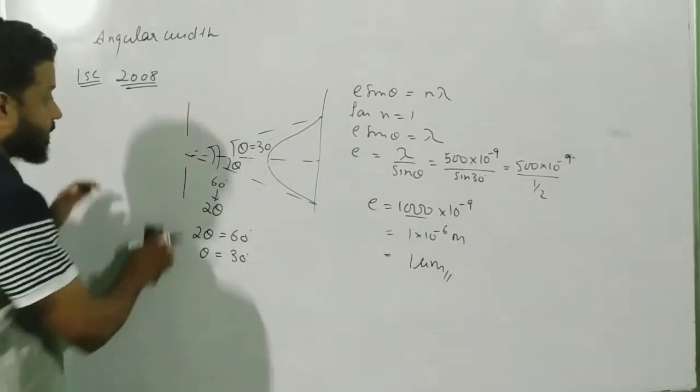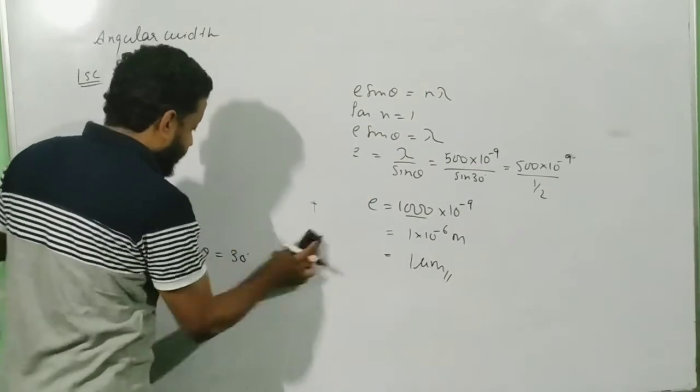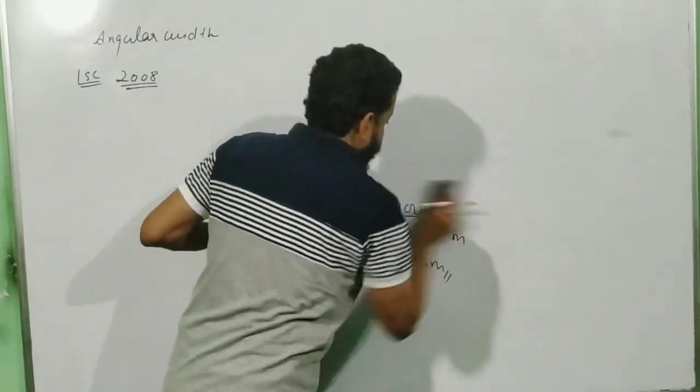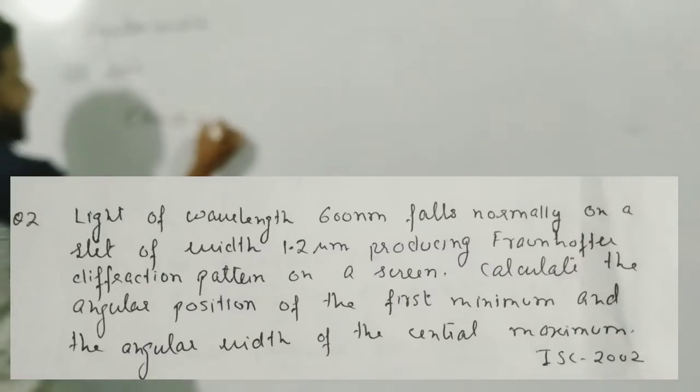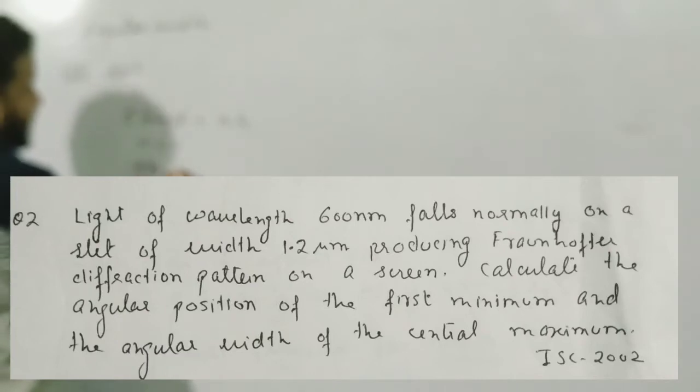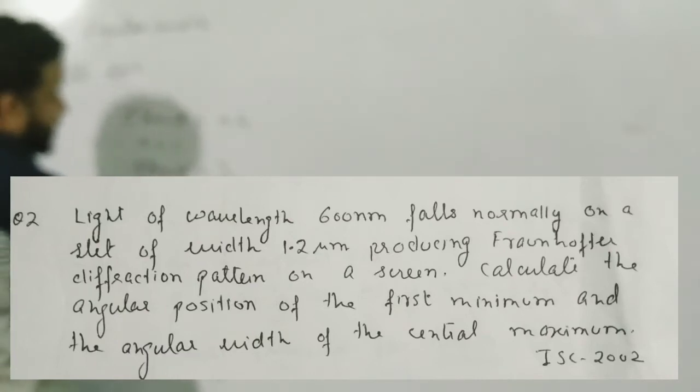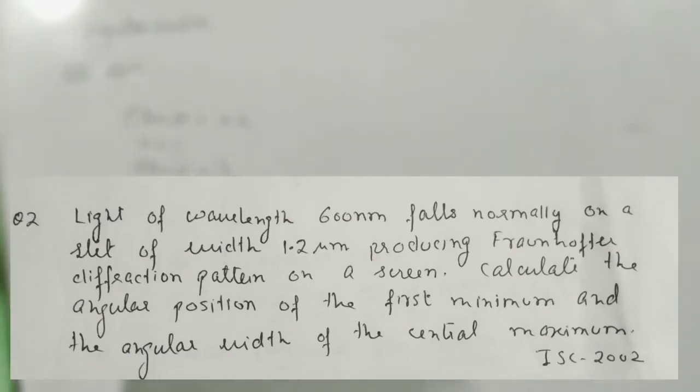So let's see. Always start with the formula a sin theta equals n lambda. This is year 2002. For n equals 1, a sin theta is equal to lambda, so sin theta will be equal to lambda divided by a.